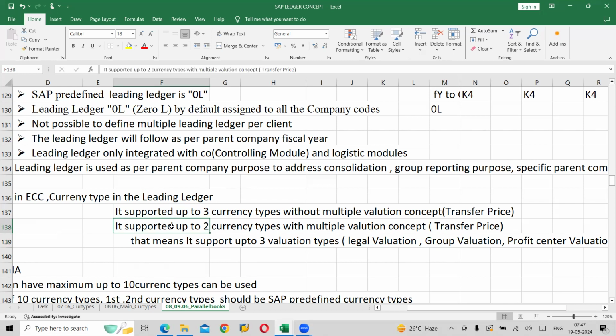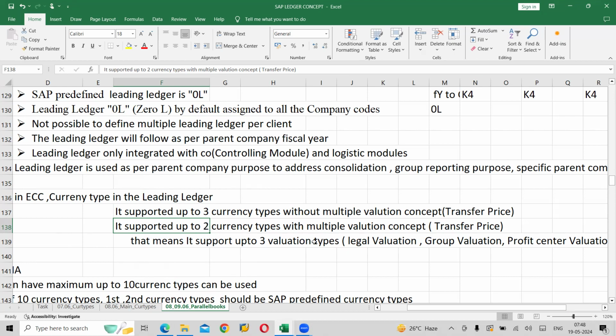It supports up to 2 currency types with multiple valuation concept. That means it supports 3 valuation types.